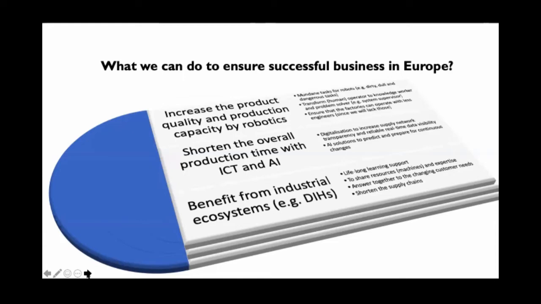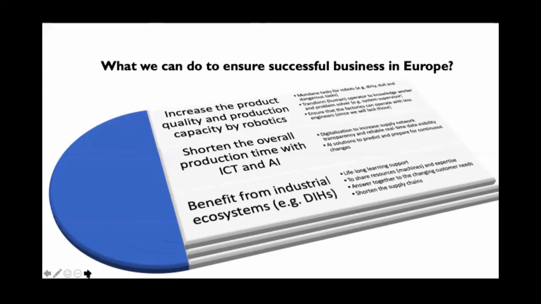With ICT and AI, we can increase the visibility of the network. We can shorten the overall production time by using the new technologies. We can see where non-value added time is accumulating. One of the key topics of the TRINITY solutions is how we are going to reduce the non-value added time.